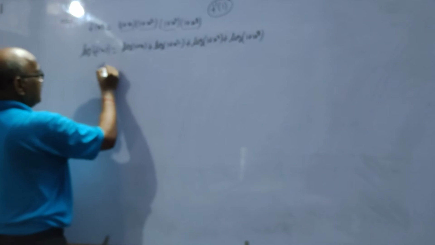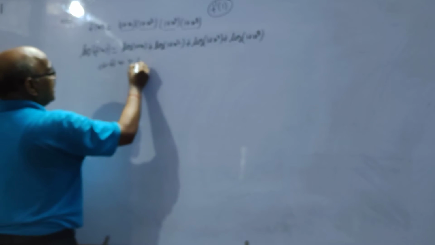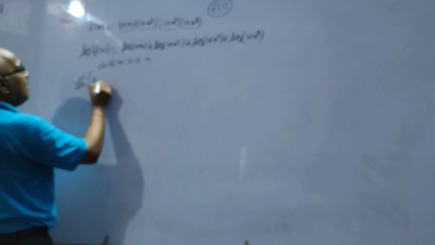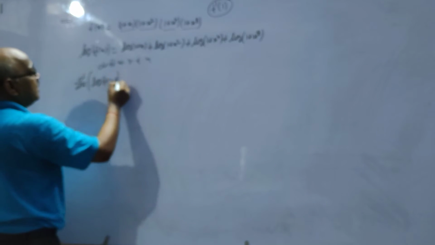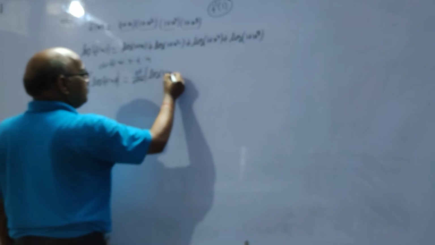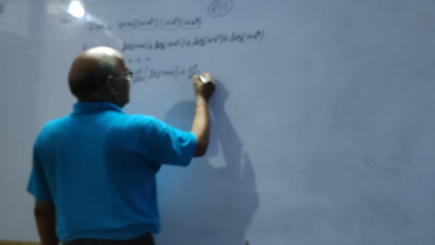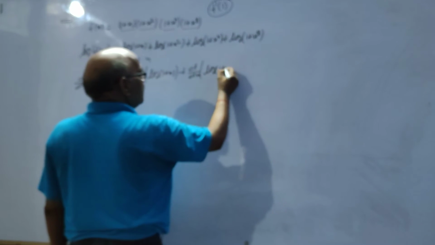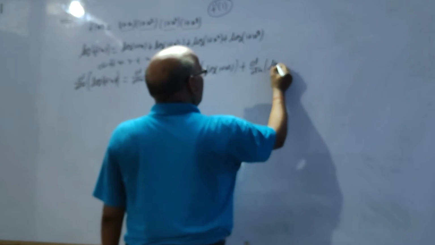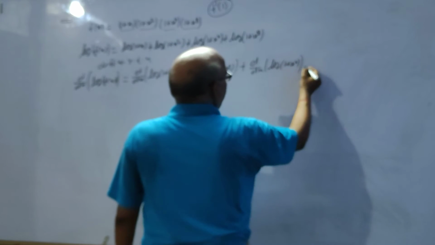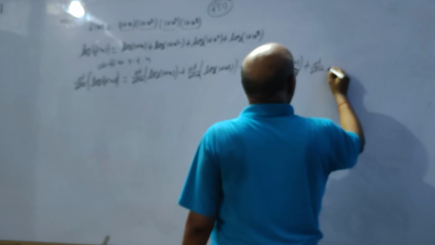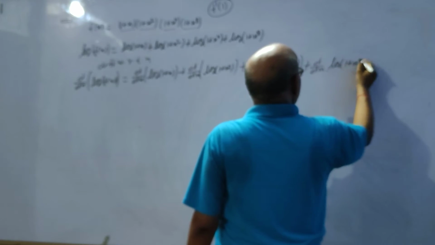Now differentiating with respect to x, d over dx of log of f of x, that is equal to d over dx of log of 1 plus x, plus d over dx of log of 1 plus x square, plus d over dx of log of 1 plus x to the power 4, plus d over dx of log of 1 plus x to the power 8.